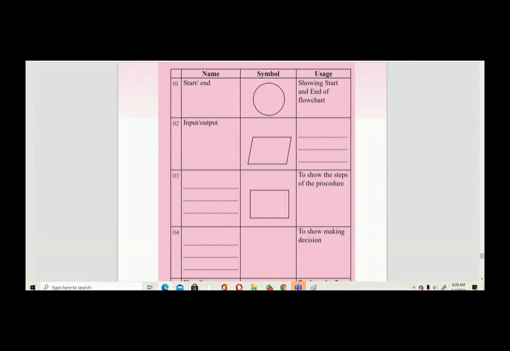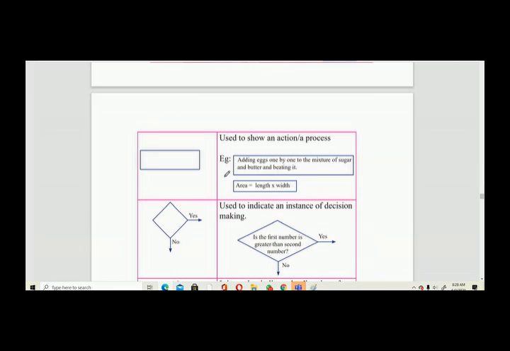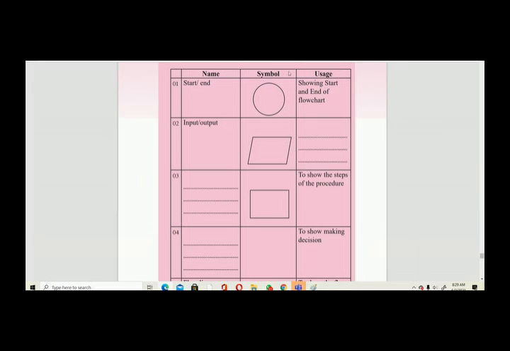You use a rectangular shape to show the process or action. When you check your book, you will see action or process. So here write process or action, to show the steps of the process, procedure slash action.